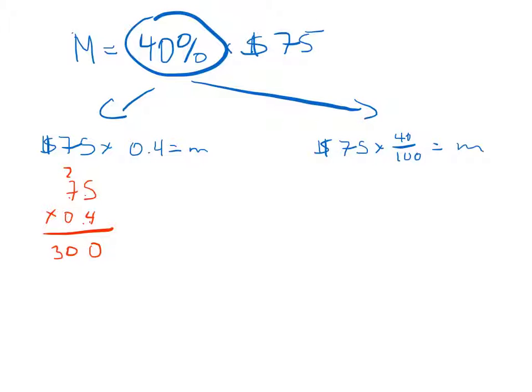I need one decimal place. Put one decimal here, put the dollar sign here. I'm going to have to add a 0, so $30. So just less than half, because again, 0.5 is half, so just less than half of 75 is $30.